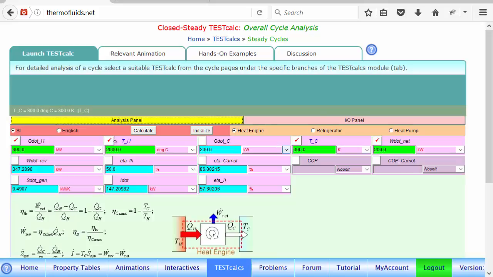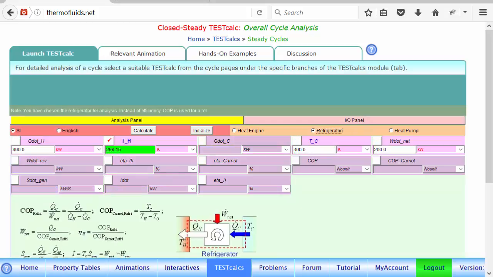Oh, I see. Sorry, we made a mistake here. It's 2000 Kelvin, and I put Celsius. Kelvin, calculate. Okay, so we didn't make a mistake in our manual solution. We made a mistake here because we picked Celsius instead of Kelvin for the Th.